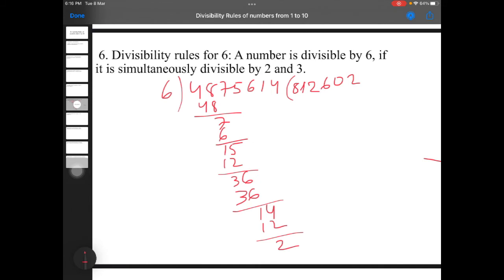So if we divide this number by 6, we get 2 as the remainder. That means this number cannot be divided by 6.